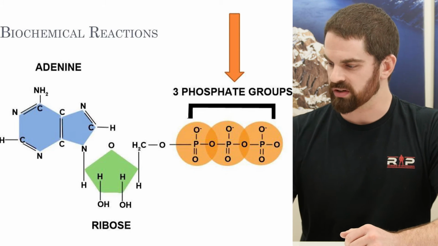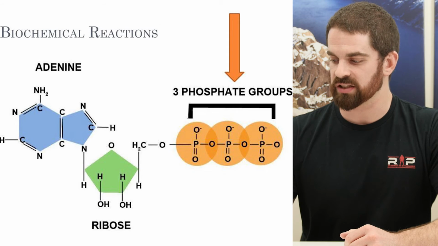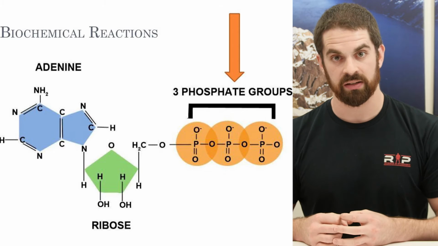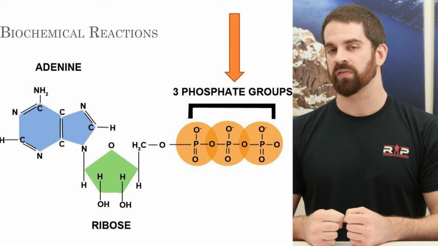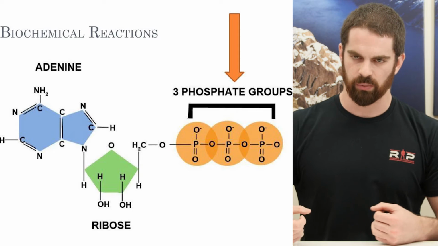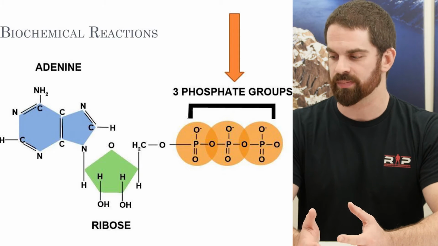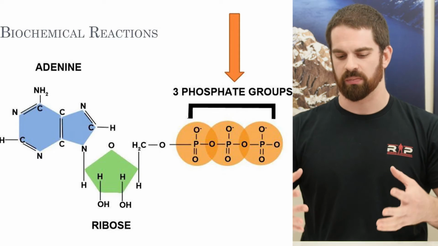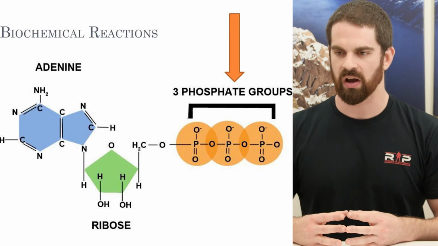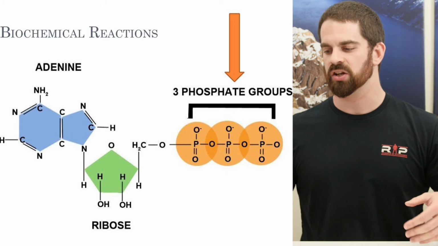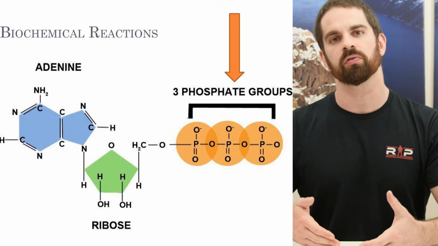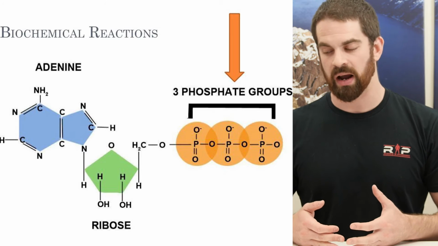And what's of note here are these 3 phosphate groups. These are really high energy bonds that are held together. And what we find is that when we break these phosphate groups off of each other, they release quite a bit of free energy. Well, it turns out ATP is going to be the usable energy form for all of our biological purposes. So everything that requires energy generally needs to form ATP and then break ATP down. So it's the usable form of energy within the body, right?